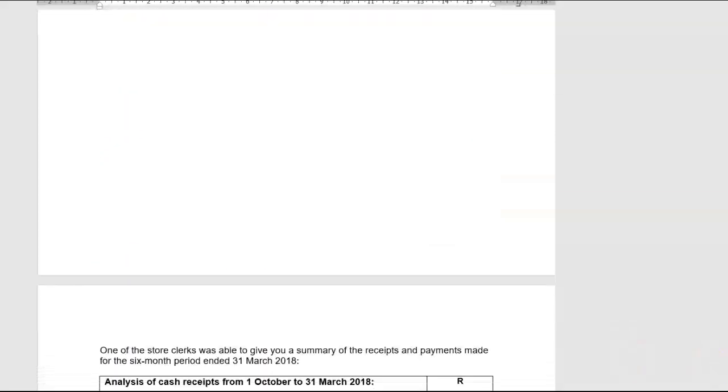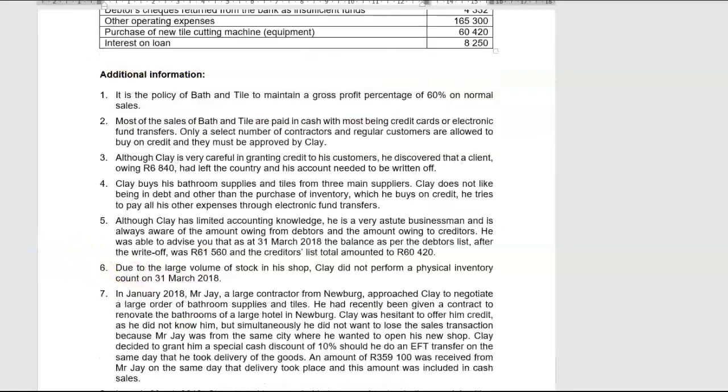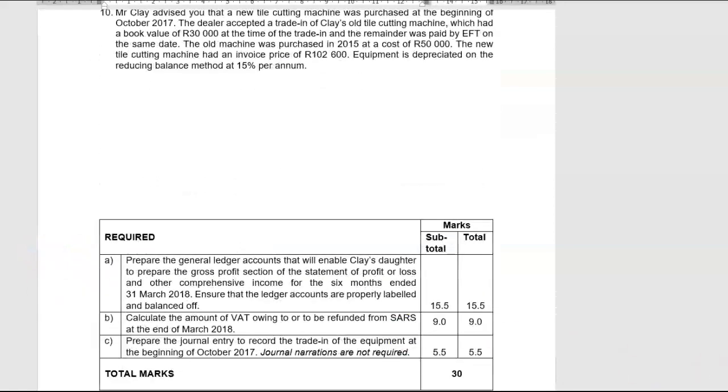Good. Then they give you an analysis of the cash receipts for the period 1 October to 31 March. And they give you an analysis of cash payments also for the same period of time. And then we have additional information, so let's check what they want from us.